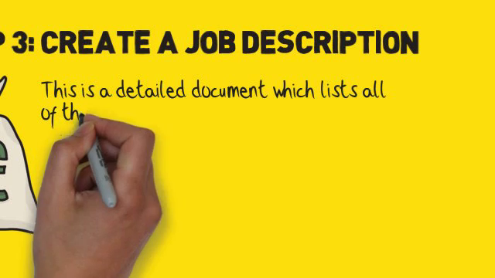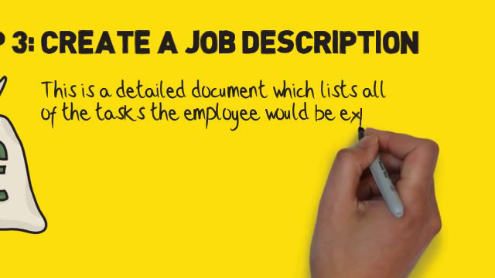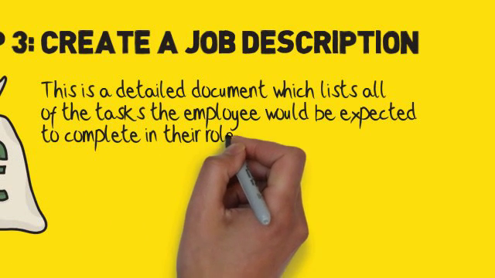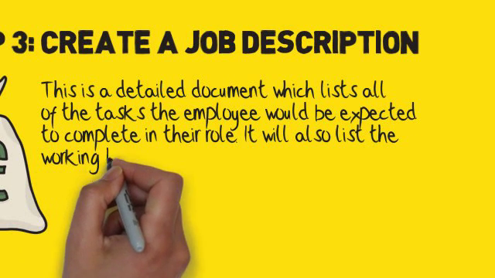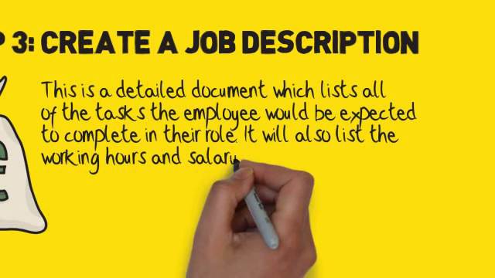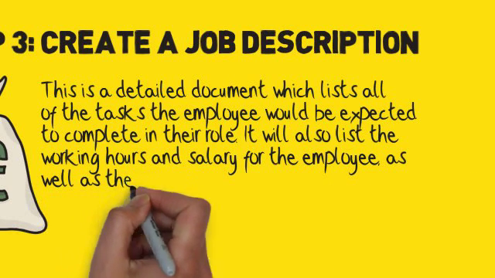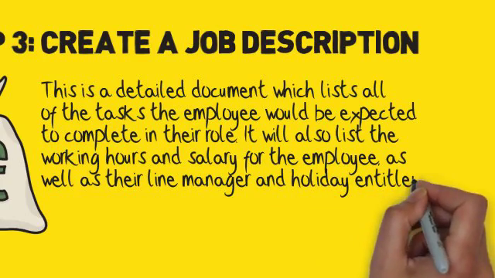This will help people work out whether or not this is a job they would like to do. The document will also very importantly state the hours of work each week, the salary or the hourly rate for the employee. It might give details about the pension scheme, who their manager will be, and if they are going to be a manager, how many members of staff they will be responsible for.